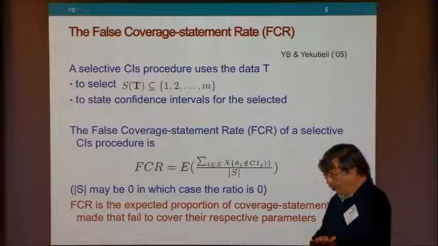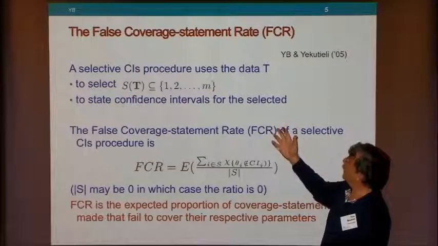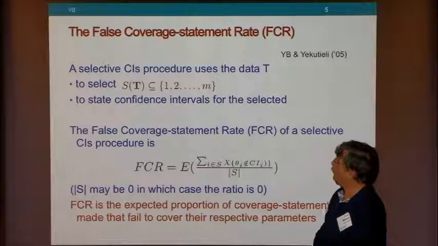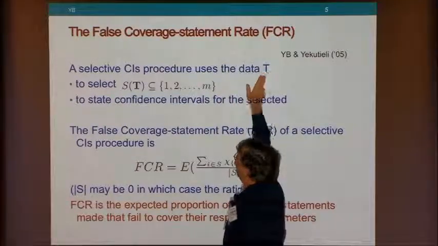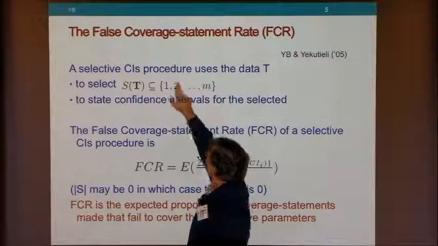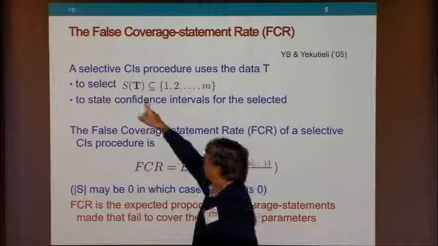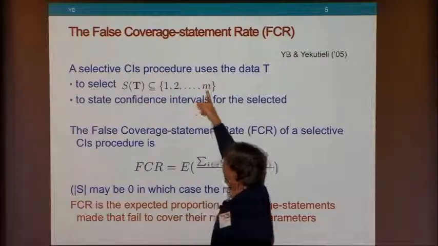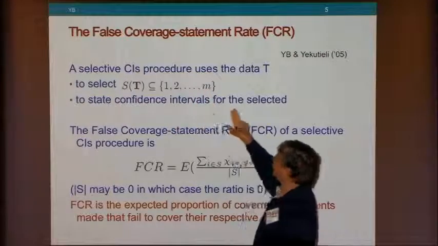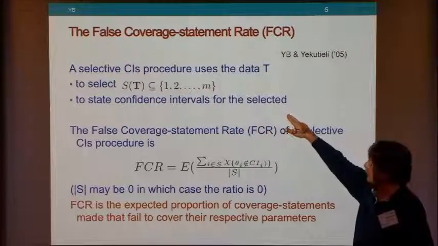So let us define a false coverage statement rate, which means that if I have data T, and I'm going to select, based on the data, a set of parameters, and to state confidence intervals only for the selected set.